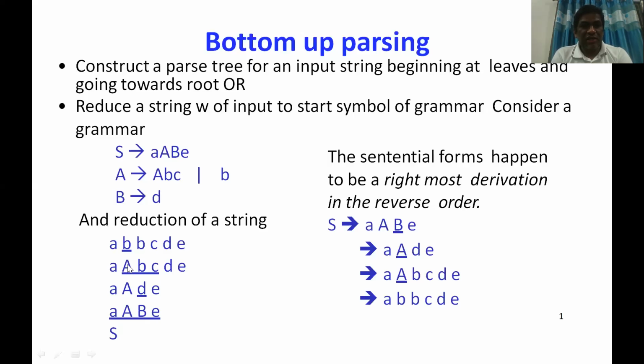And finally, this capital A is replaced by b. So if you observe, this is rightmost derivation in reverse order. So bottom-up parsing can be viewed as the rightmost derivation in reverse order. Going back to S, it resembles the rightmost derivation, the RMD process, in reverse order.